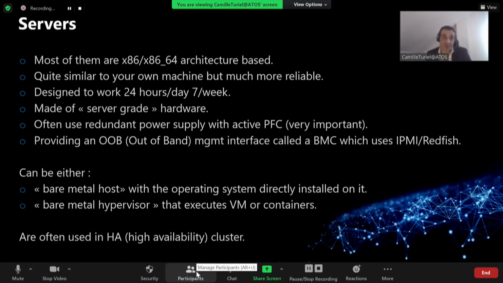What do you try to achieve? It's to get the management for the server itself, like power it, reboot.